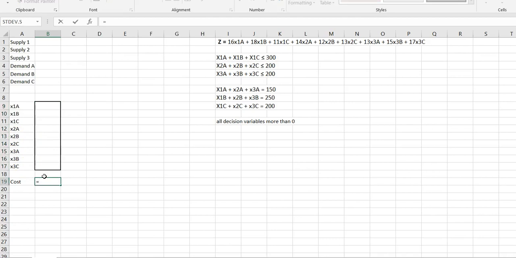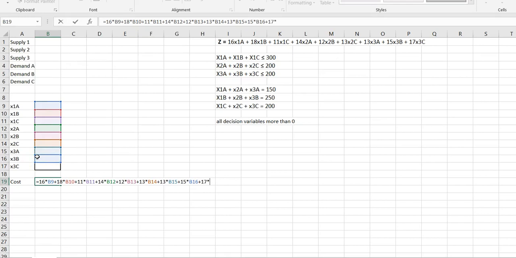So our cost equals 16 times 1A plus 18 times 1B plus 11 times 1C plus 14 times 2A, 12 times 2B, plus 13 times 2C, plus 13 times 3A, plus 15 times 3B, plus 17 times 3C.